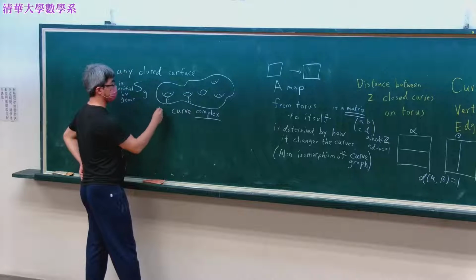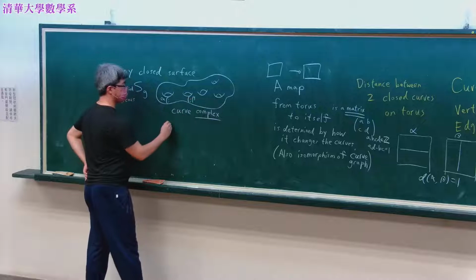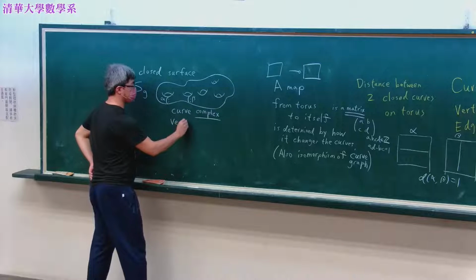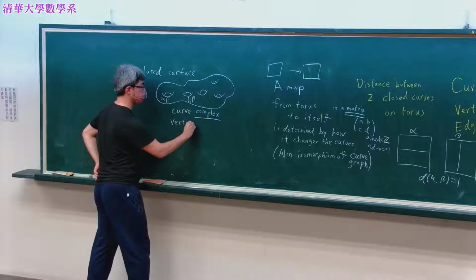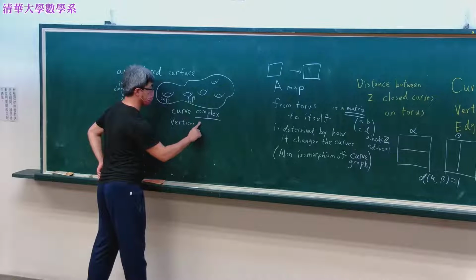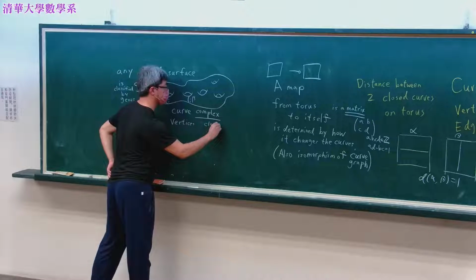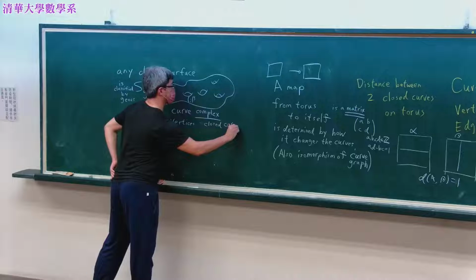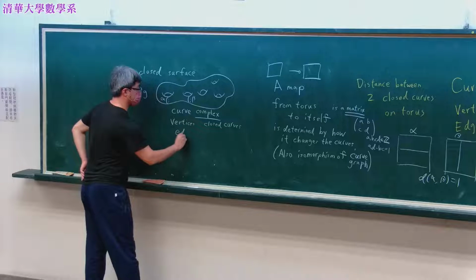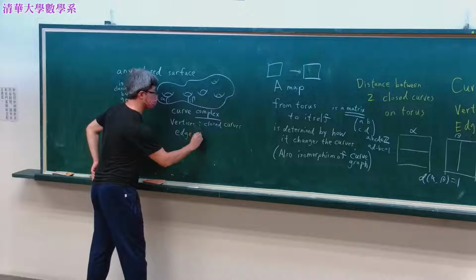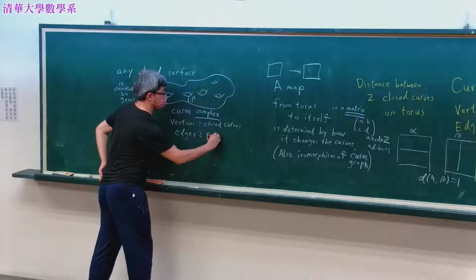So quickly, we'll say vertices are closed curves. Edges are pairs that don't intersect.